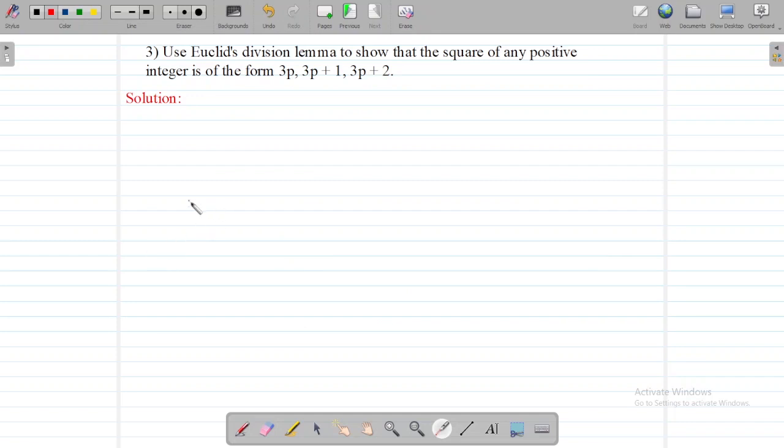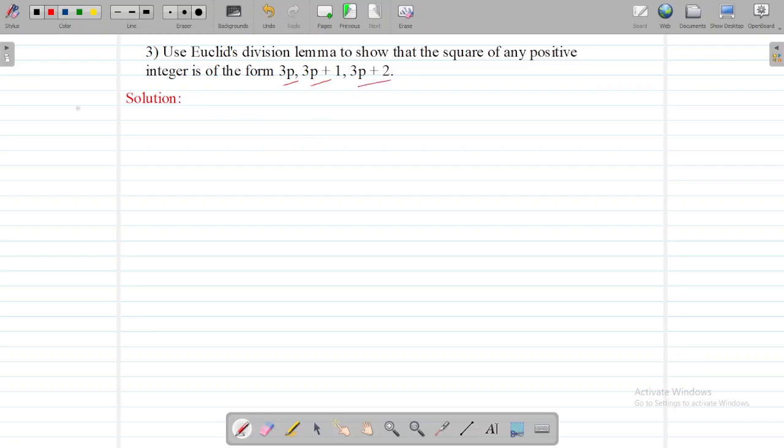Now let us see the next problem, the third one. Use Euclid's division algorithm or lemma to show that the square of any positive integer is of the form 3p plus 1 and 3p plus 2.